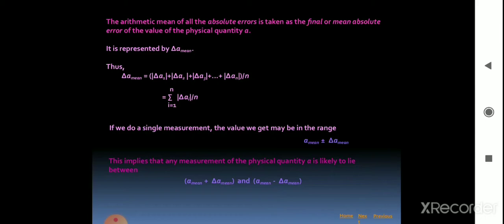So the individual value will lie in this range, that is mean value of A plus delta A mean and mean value of A minus delta A mean, that is the absolute error. So absolute error is the difference between the individual measurement and the true value of the quantity.